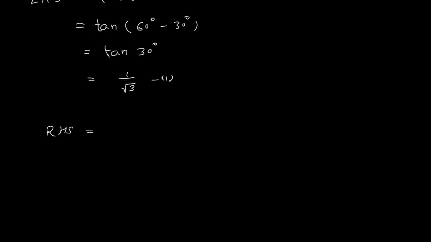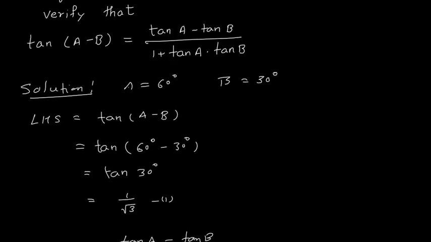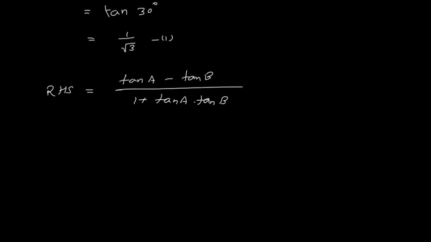Now RHS, right hand side, RHS is equal to tan A minus tan B divided by 1 plus tan A into tan B. Let us see what I have written is right. Yes. So this is right hand side. Now let us put the value.